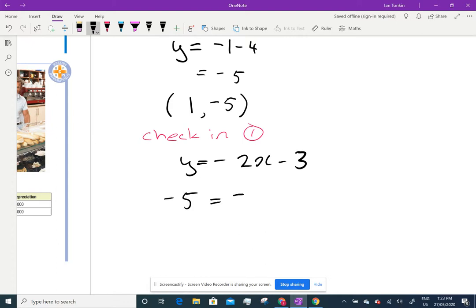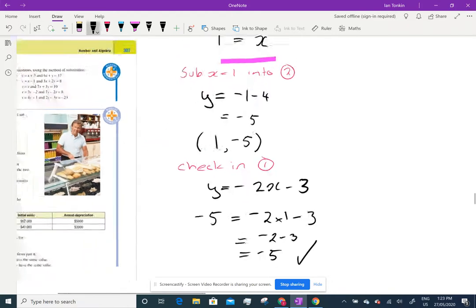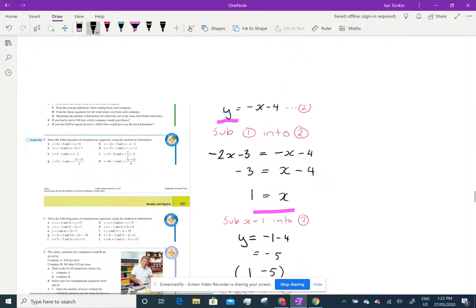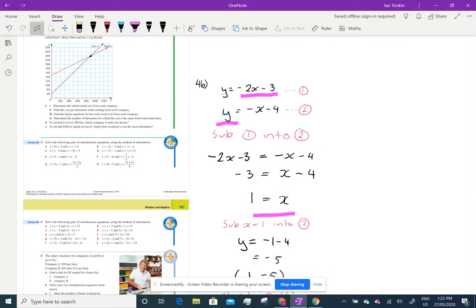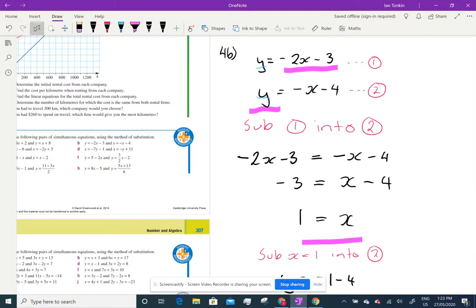Does that equal negative 2 times 1 minus 3? Minus 2 minus 3 is negative 5. It checks out, so my answer is correct. So that's for B. I said I'd do the other one, so I'm going to do D.